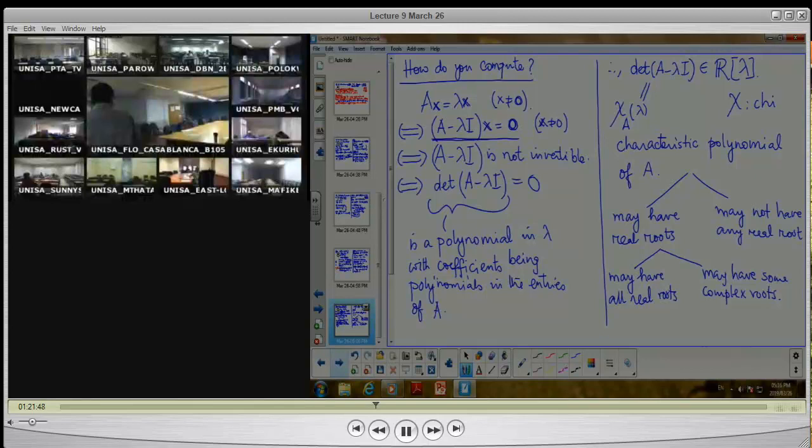The next case is that it may have some complex roots, some real, or it may have all its roots real. And further in this case, there are two extreme situations, which I am going to discuss now.